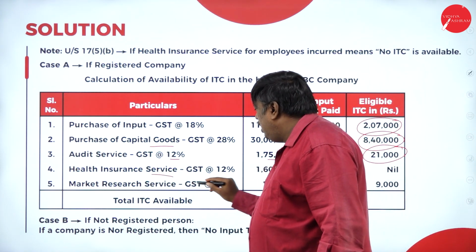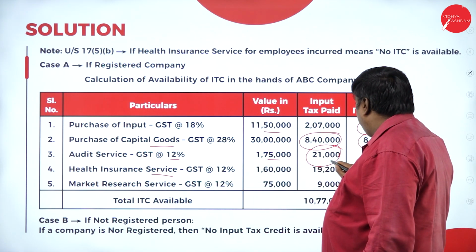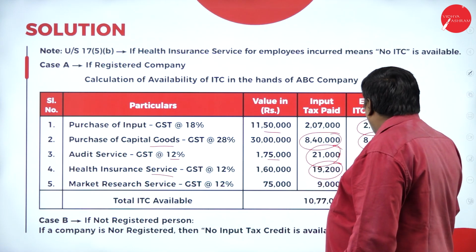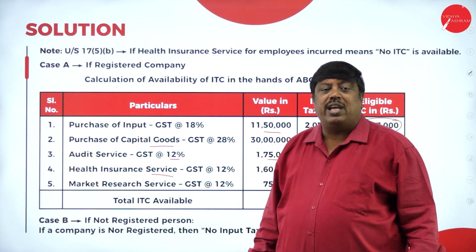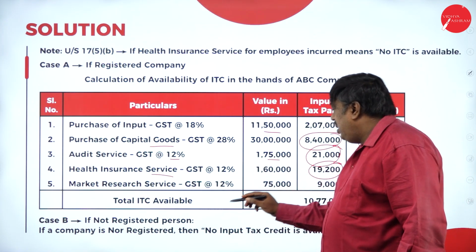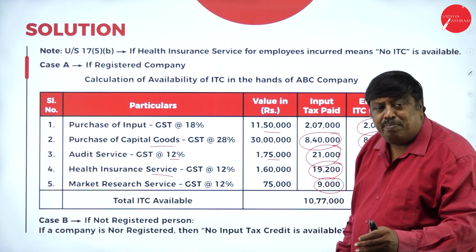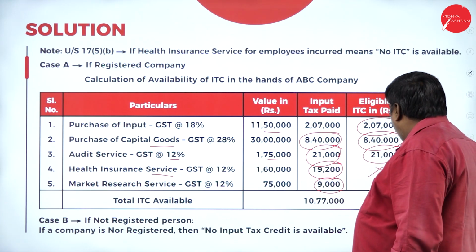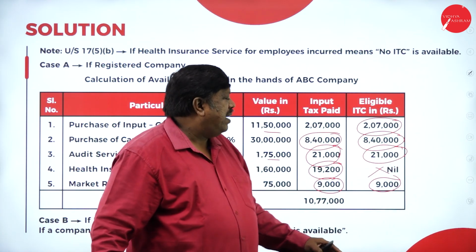Health insurance at 12%, whatever we have paid for the employees, 19,200. This cannot be claimed as ITC, there is no eligibility benefit for ITC. Market research service, the amount we paid, 9,000, for the purpose of business, is eligible for claiming input tax credit benefit here.